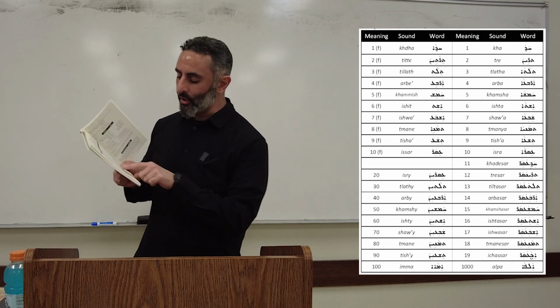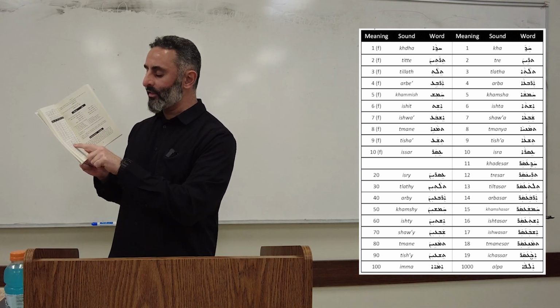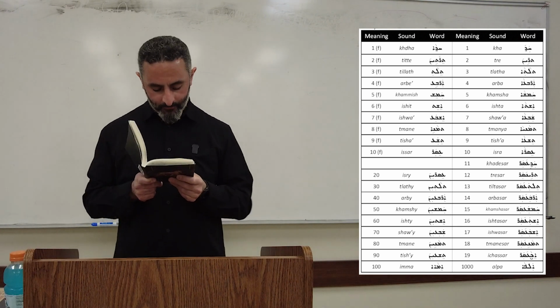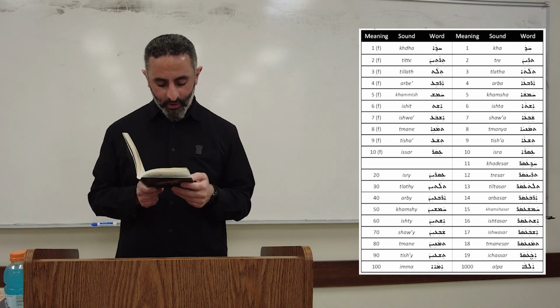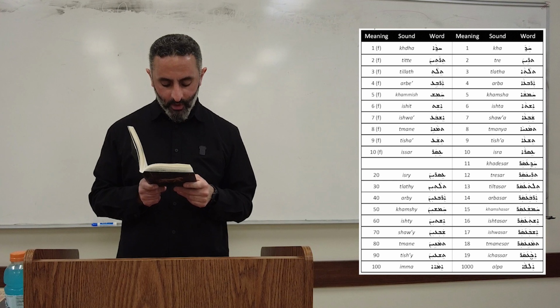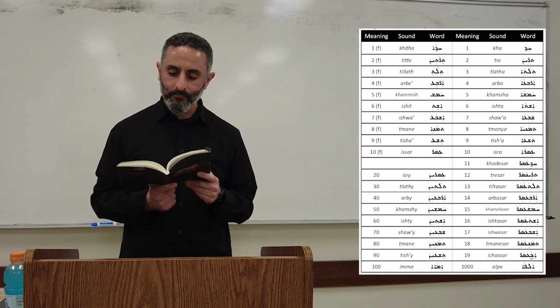Tlathi. So look, tlatha, everyone say tlatha, 3, tlathi, 30. Arbi, khamshi, ishti, sho'i, tmane, tish'i. Amma. And then if you want to say 1,000, alpa.